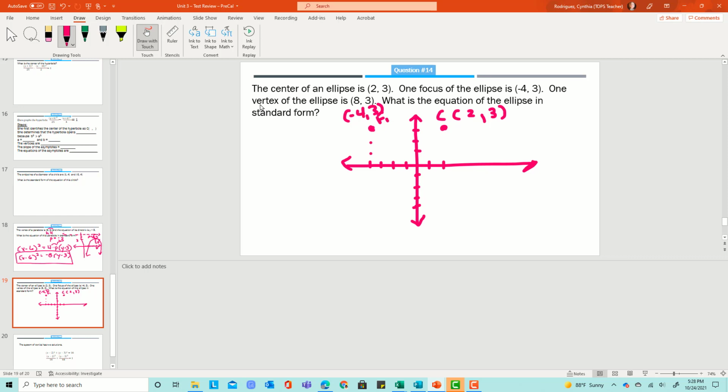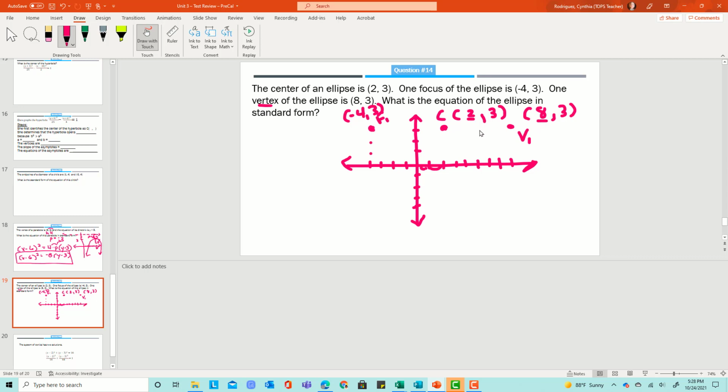All right, one vertex is at 8, 3. All right, from the center to the vertex, we're at 2, 3.